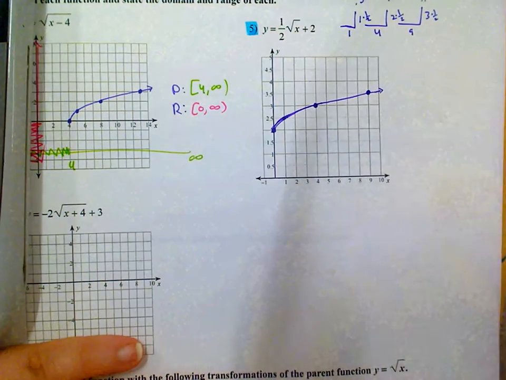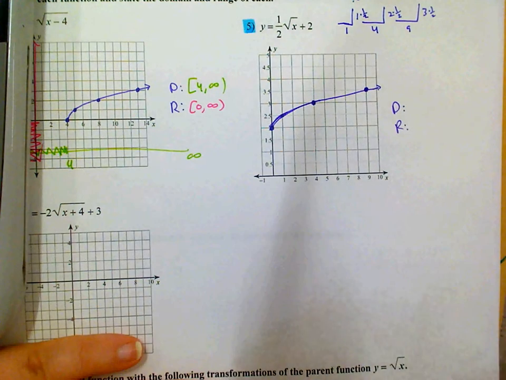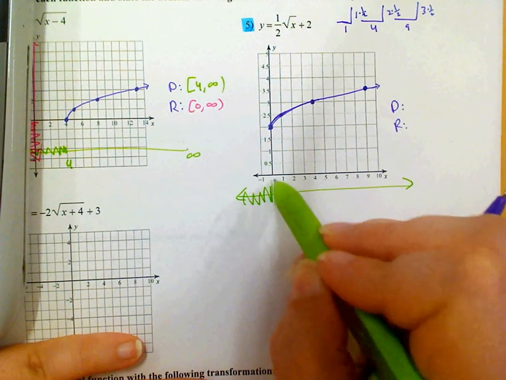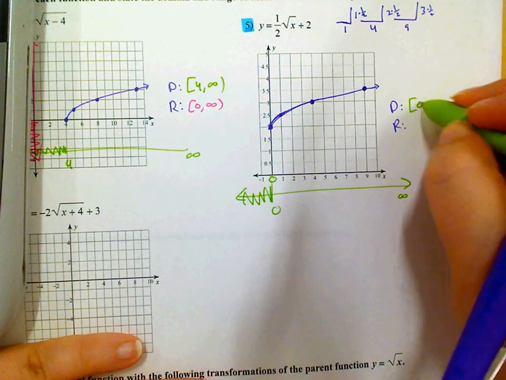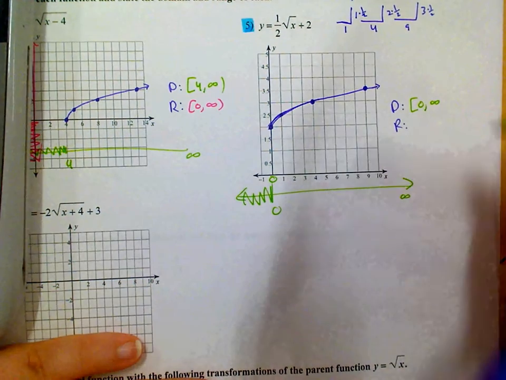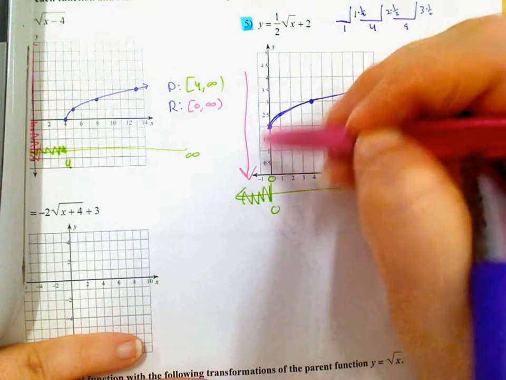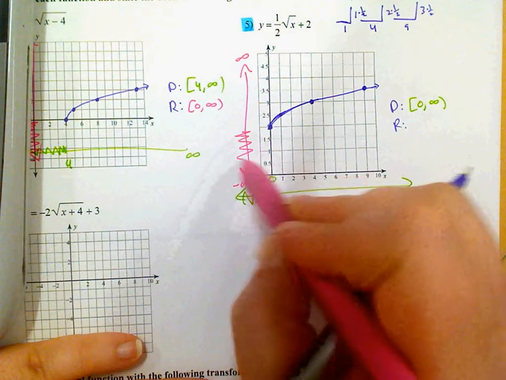So again, domain is left and right. So the farthest to the left I go is 0 on the x-axis, so 0 to infinity. And the range is low to high. So we've got negative infinity and positive infinity, but the lowest it goes is 2. So 2 to infinity.